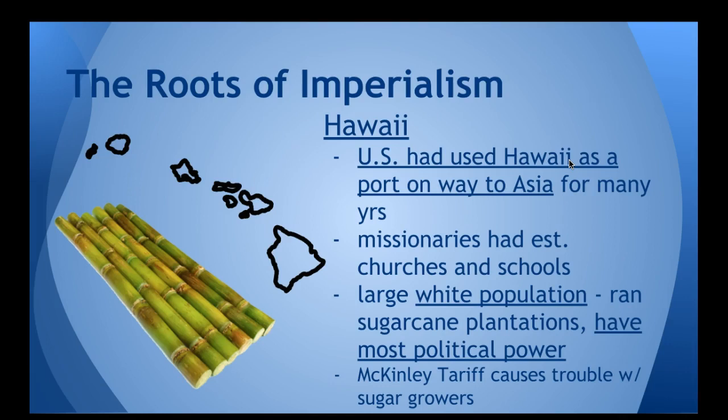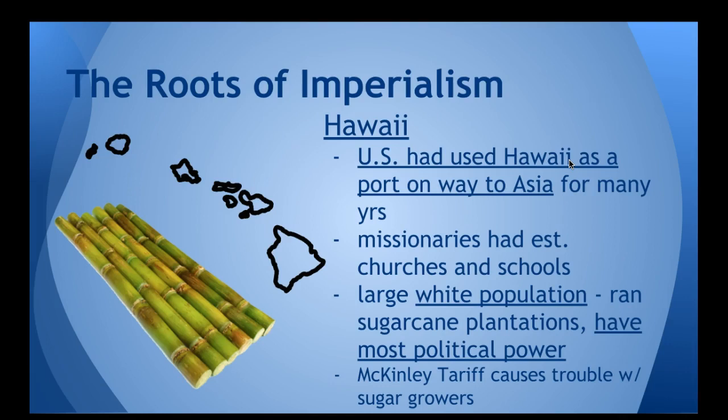However, during this time, a tariff known as the McKinley Tariff is passed, which causes trouble with sugar growers because before the tariff, they were able to sell their sugar to the United States at a low price. But once the tariff is added, which you remember is a tax on imported goods, now that the sugar is coming from a foreign country, there's going to be an additional tax.